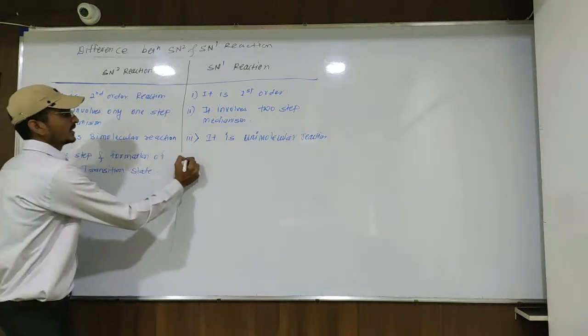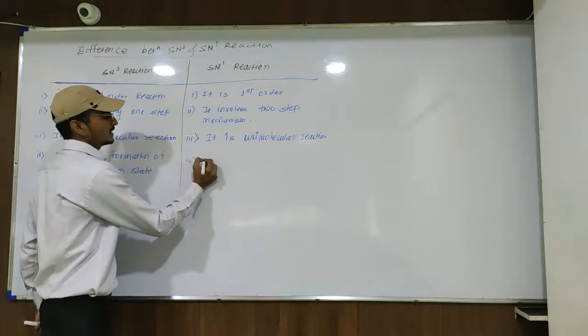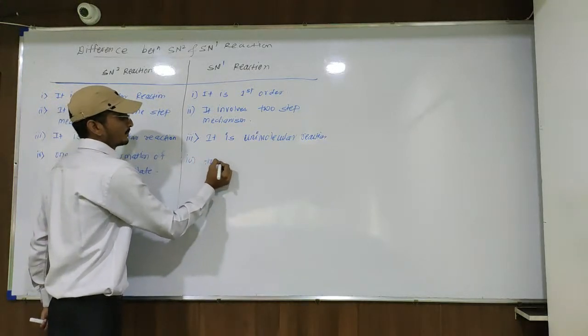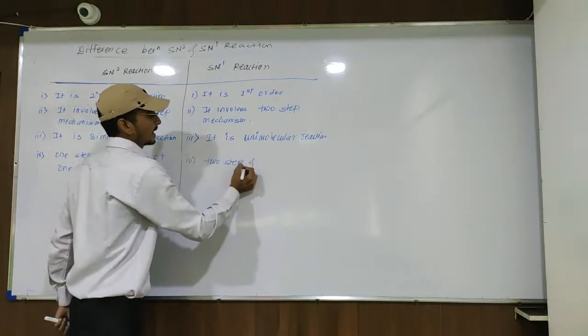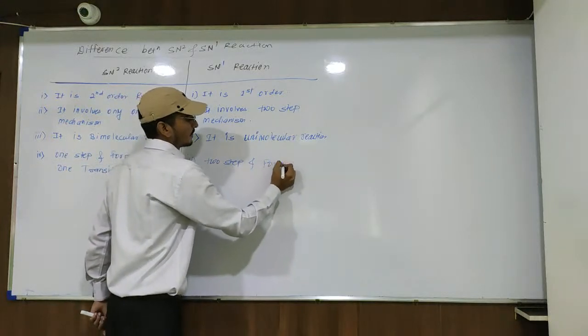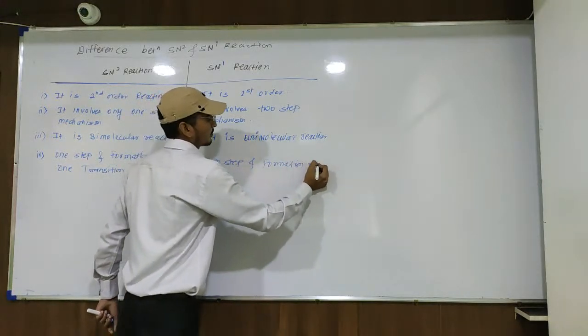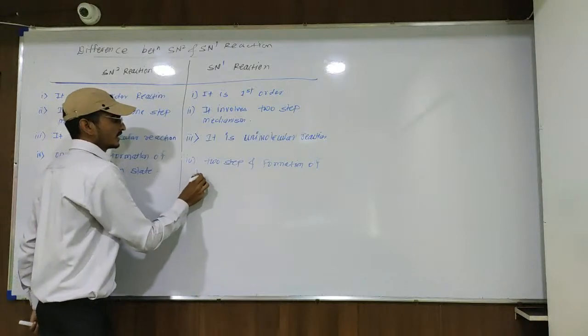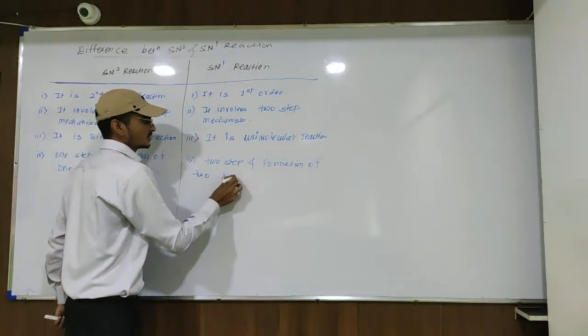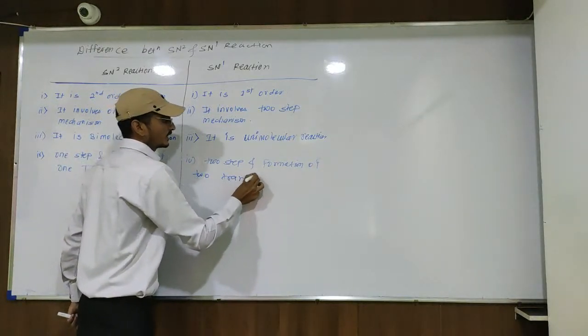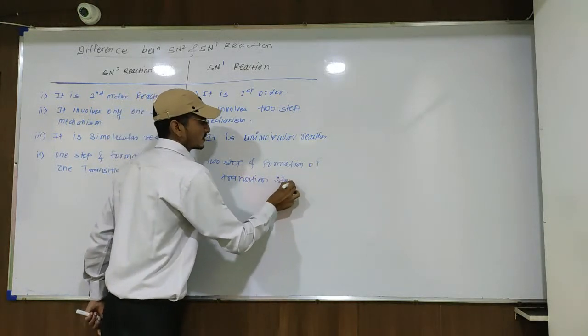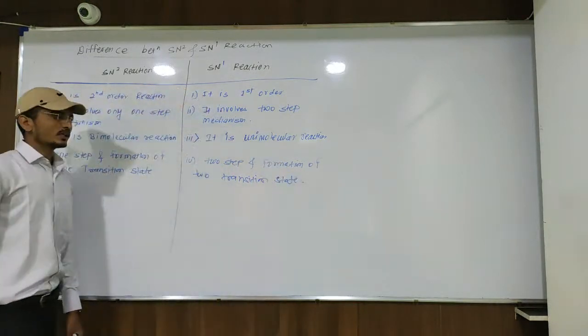One. Okay. But on the other hand, what about the SN1 reaction? It is a two step reaction with formation of two transition states. How many transition states are formed? There are two transition states. So that point is important here.